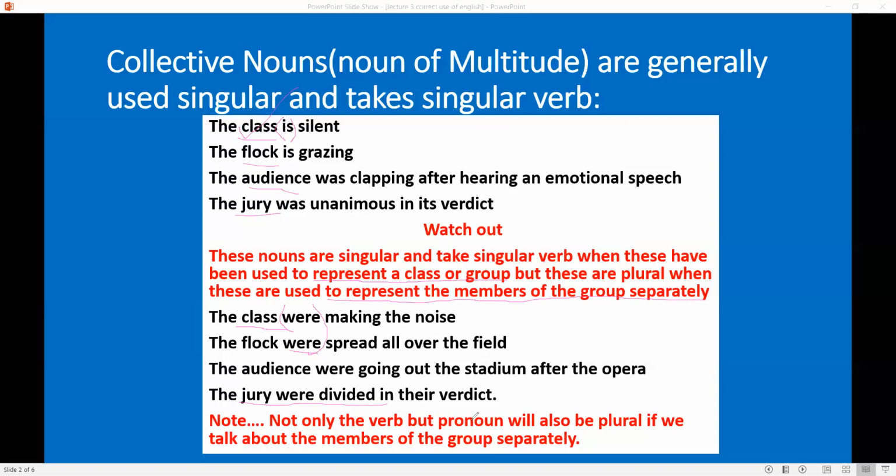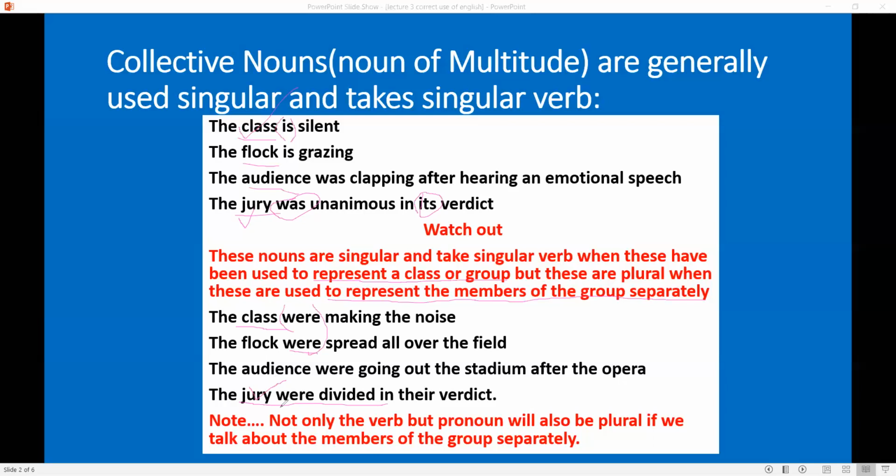Now, mark the difference. Jury, singular verb, singular pronoun. Here, the jury is representing a group. So, singular verb and singular pronoun. Here, the jury members are representing their individual selves.